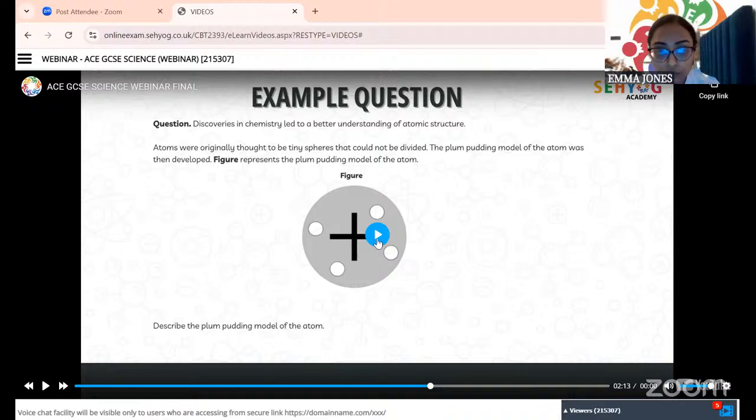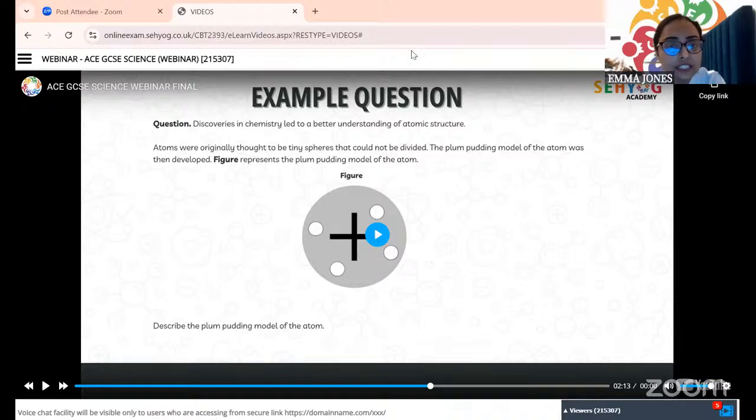Now, I want to tell you that many of us already know about the atomic models, but the mistake we make, and how we get 0 marks here, is this. We can see that there is a positive charge, and we know that positively charged particles are called protons, right?